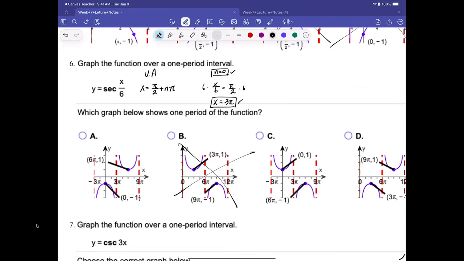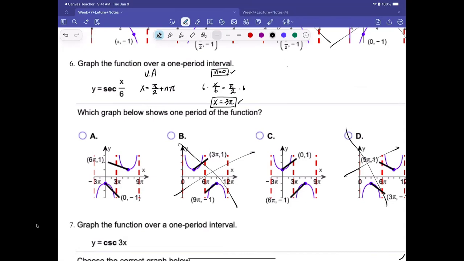So A is okay, and D is not. So it's either C or A, right? Okay, then. This is pi and then negative pi when x is 0. Then what happened?